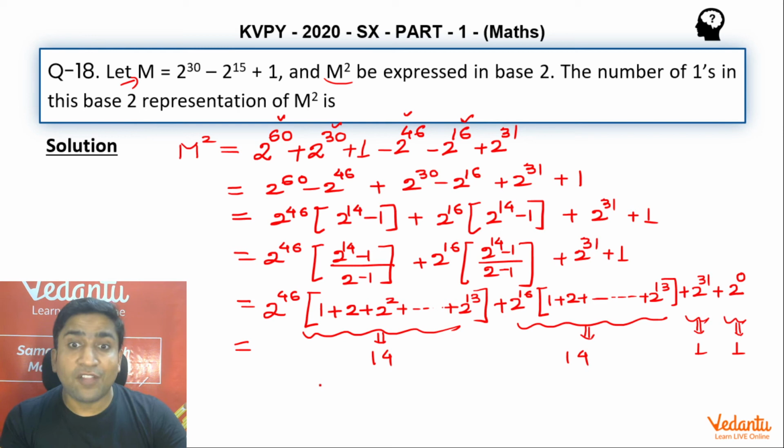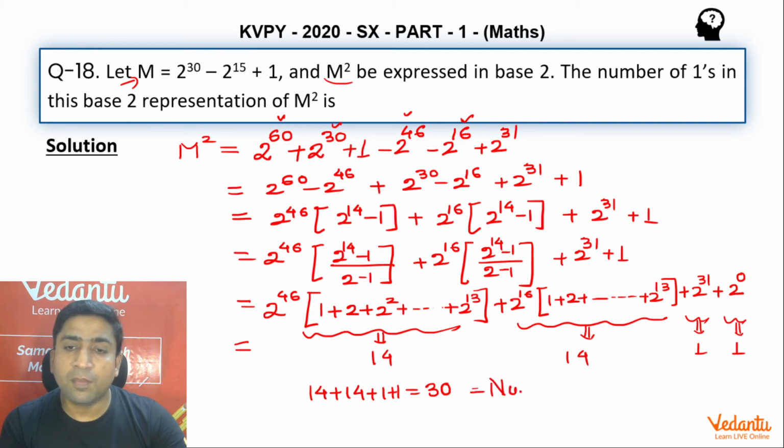So overall, I'll sum up all these numbers, that is 14 plus 14 plus 1 plus 1, which comes out to be 30. So the total number of ones in m square is going to be 30, right.